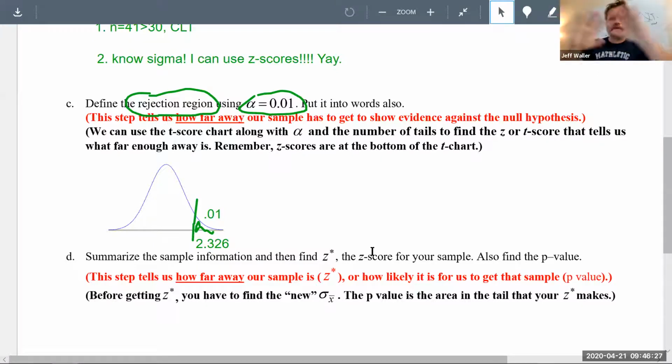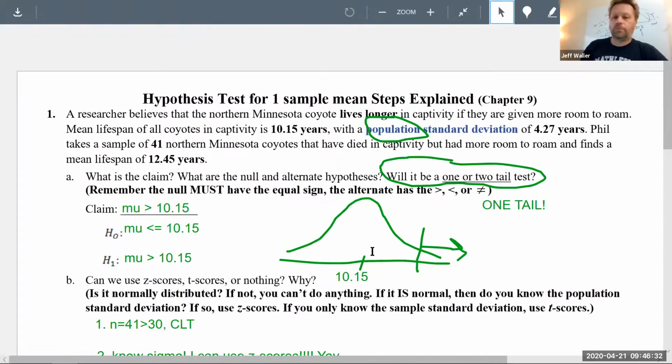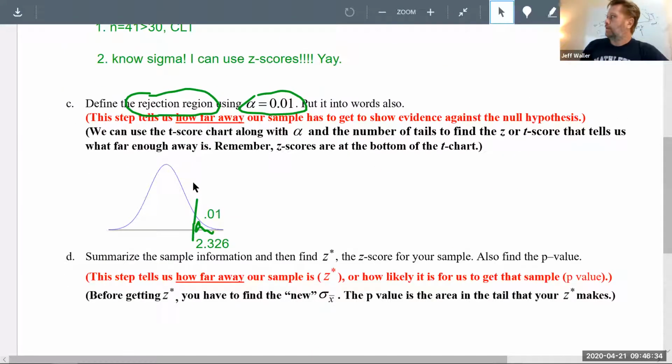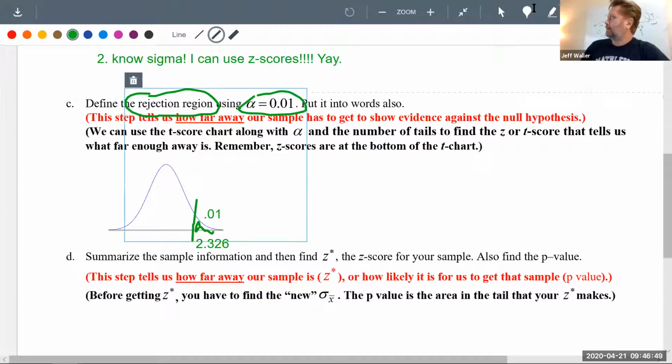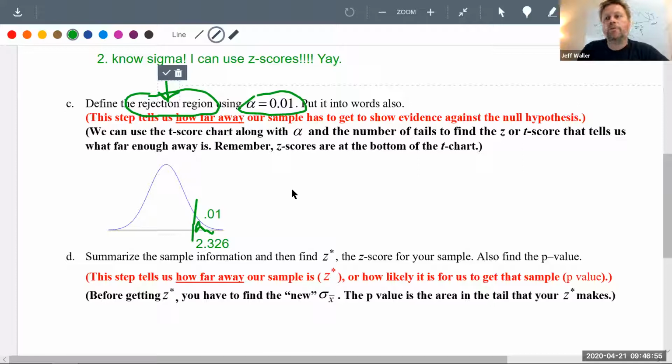So here I'm going to re-say a few things I already said. If the mean really is 10.15, then the sample that I take should show up in here. If I take a sample and it shows up out here, I can reject the null hypothesis, or more informally, I can reject the hope.